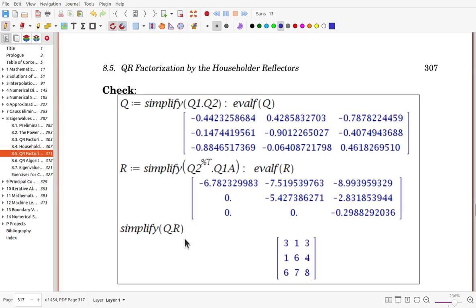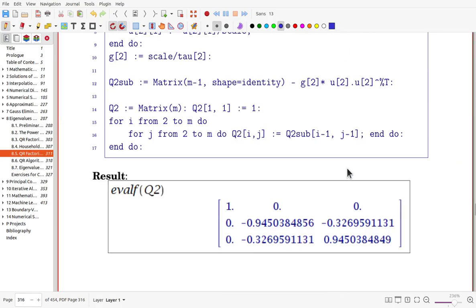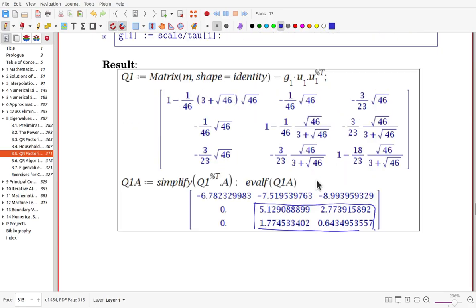And once Q and R are multiplied, we get the original matrix A. Here the values are numeric because that command evaluates floating point numbers. But Q itself has exact values, given in a very complicated way like over there.